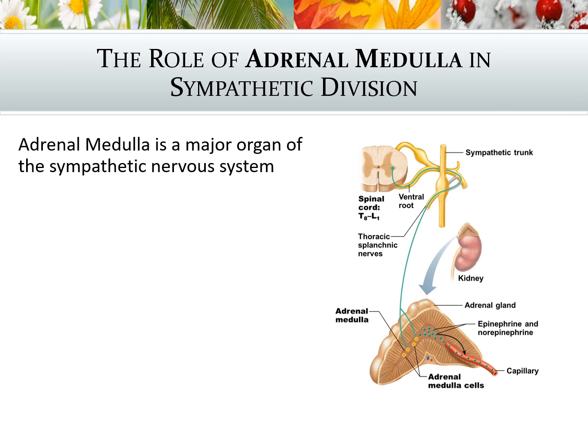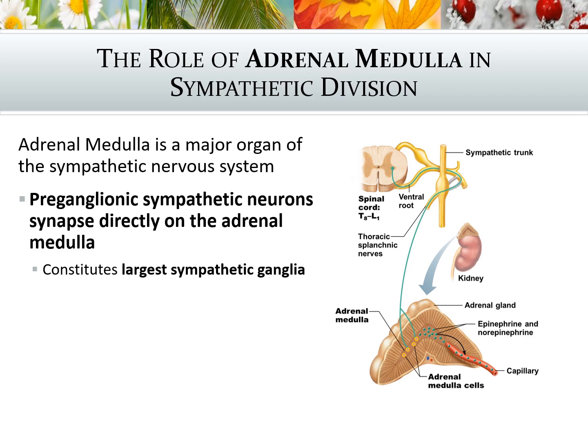So now let's talk a little bit about that adrenal medulla, because we said that it's really a major organ of the sympathetic nervous system. Okay, so the preganglionic sympathetic neurons actually bypass the sympathetic trunk altogether, and it synapses directly on the adrenal medulla.